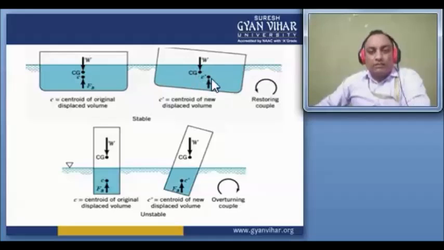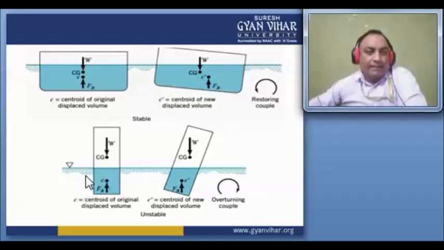This case is similar, creating a restoring couple. But in the case of an overturning couple, CG is always above and it creates a very large distance, right? And this type of condition will always be unstable, right?